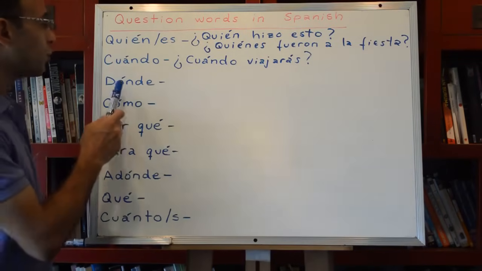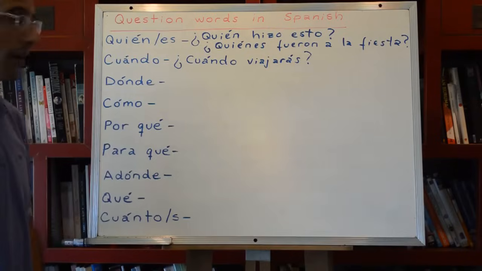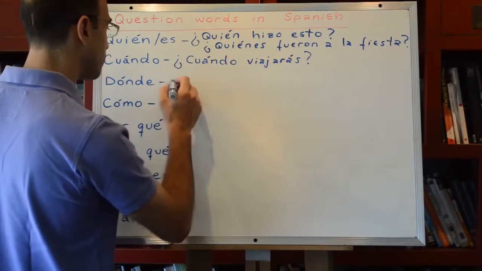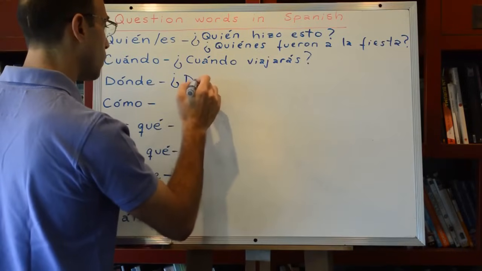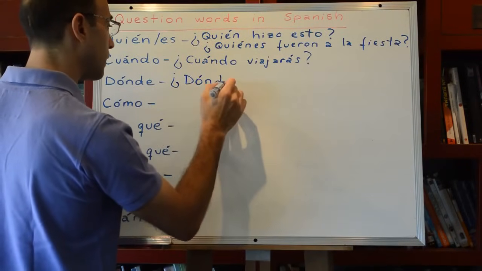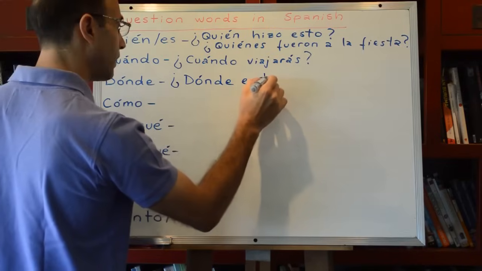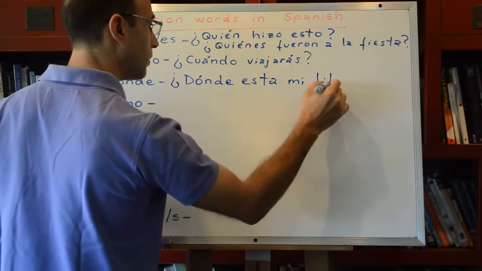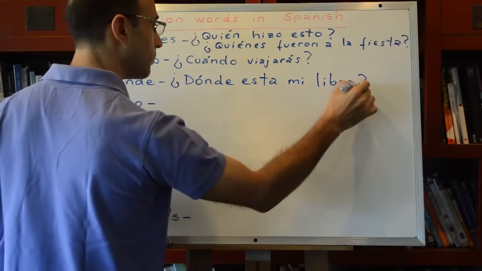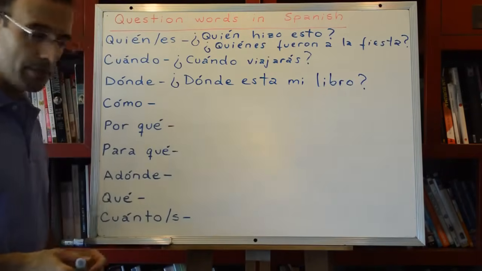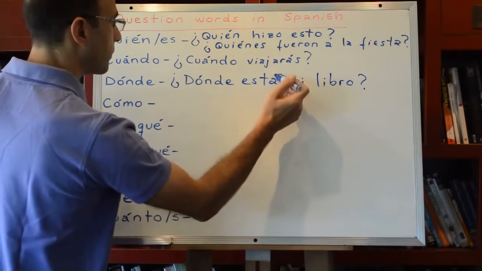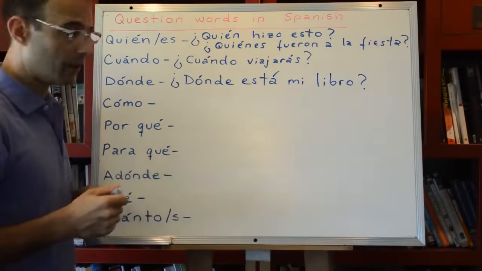Next question word, ¿dónde? Where? Right? For example, ¿dónde está mi libro? Where is, está, with a tilde.